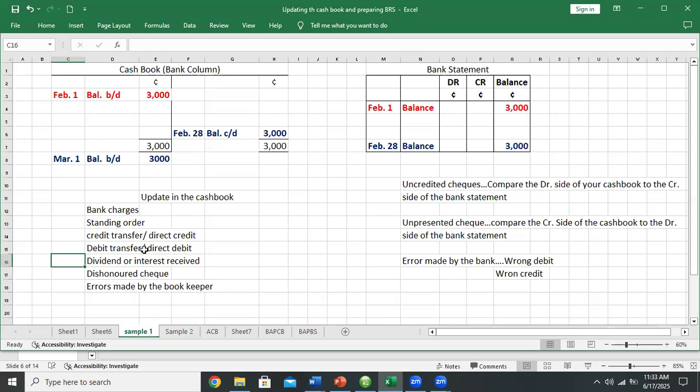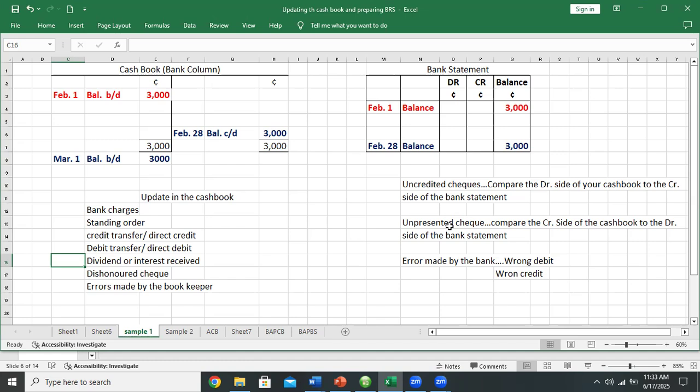These 7 courses are supposed to be adjusted or updated in your cash book. So currently, the syllabus has shifted from that. Okay, so if you see anything like that, don't pay much attention to it. It's always going to be update your cash book and then you prepare your reconciliation statement.